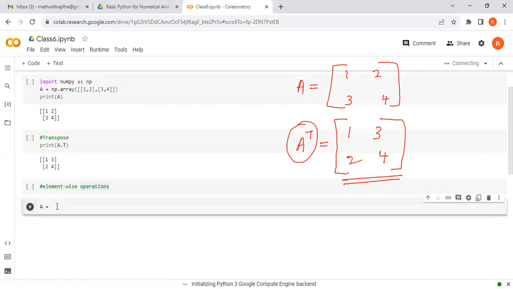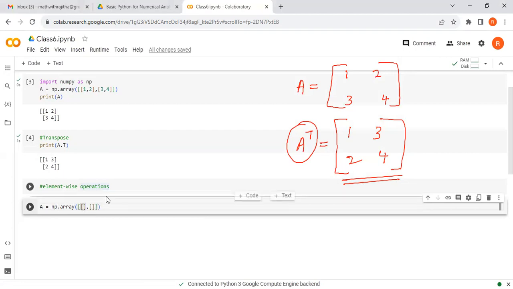I define my A matrix: A equals np.array, 1, 2, 3, 4.